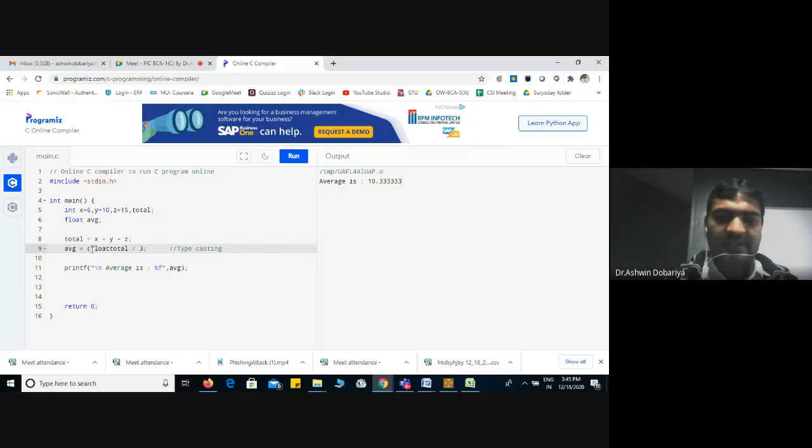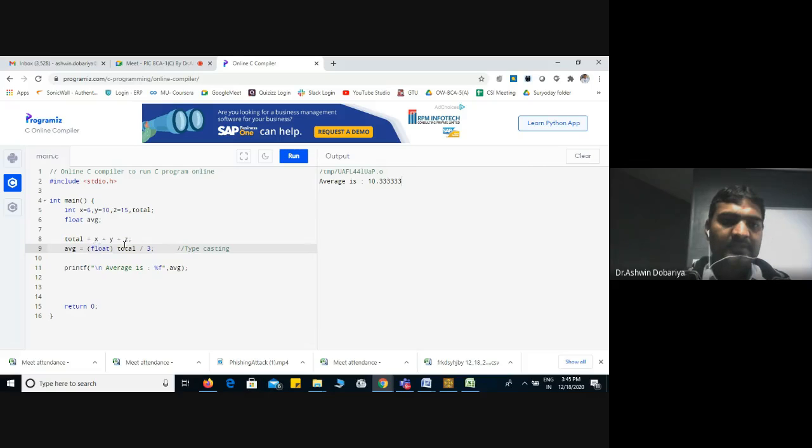You mention the data type in which you want to convert. So first I want to convert total into float. So whatever value is available in total, the compiler will convert into float. Converting into float doesn't mean it will add certain zeros.